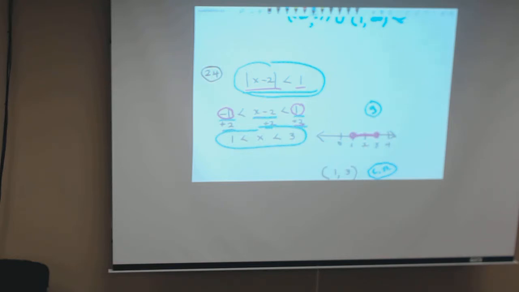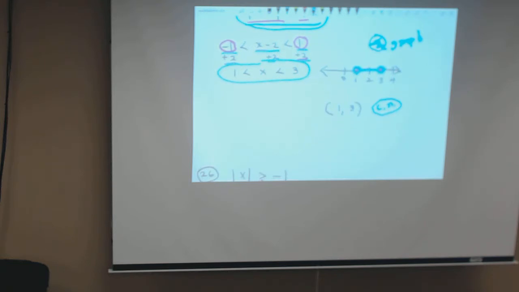So I put a circle at -1, a circle at 3, and connect the dots. Isn't that cool? That's the graph. Then I do interval notation.